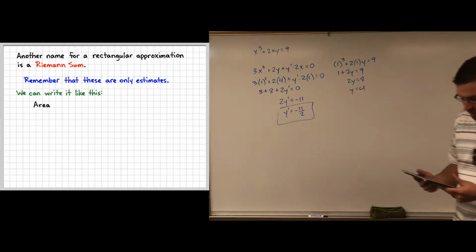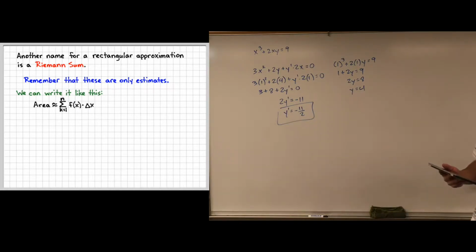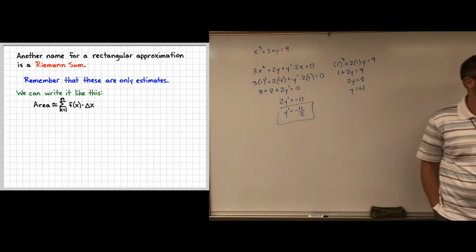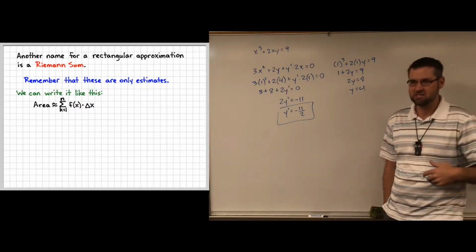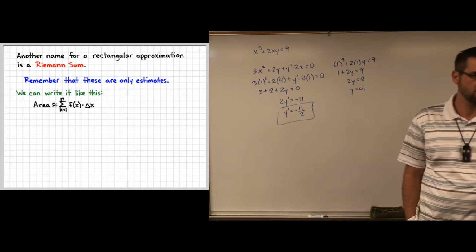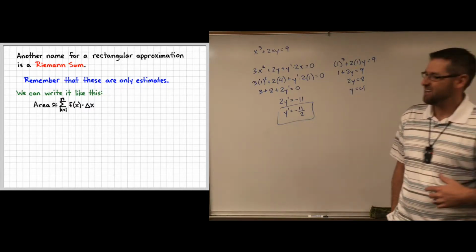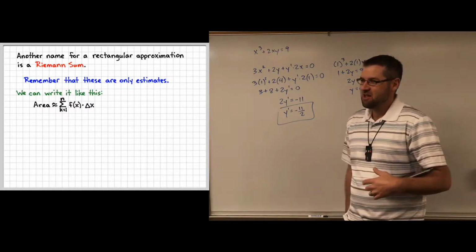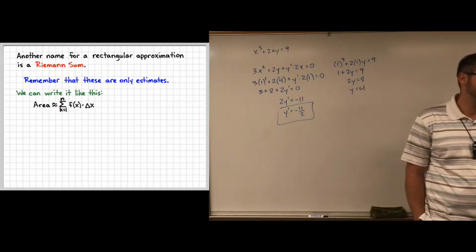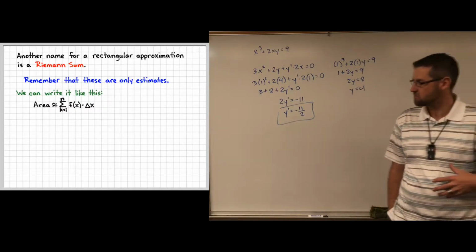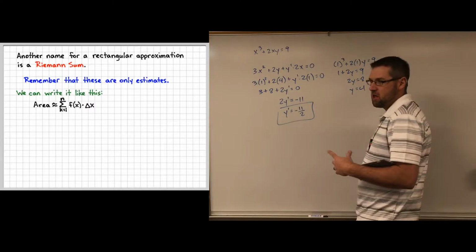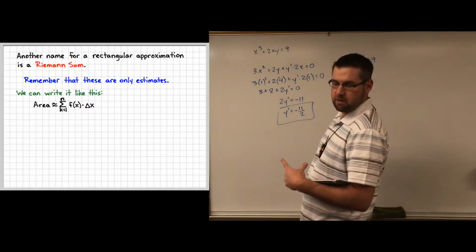So we can write it like this, okay? Area equals. What is that thing? Have you seen this somewhere in the past? A little bit? This is called summation notation, okay? Epsilon. Is that the letter, right?